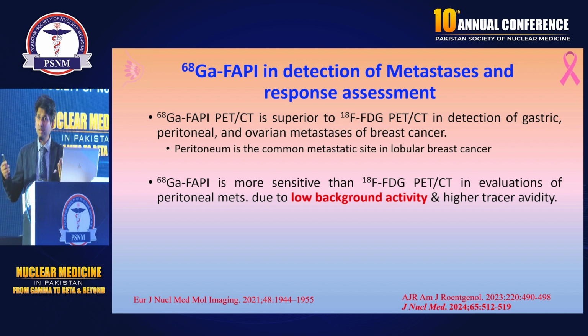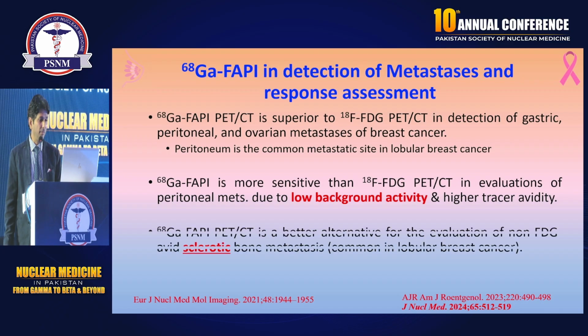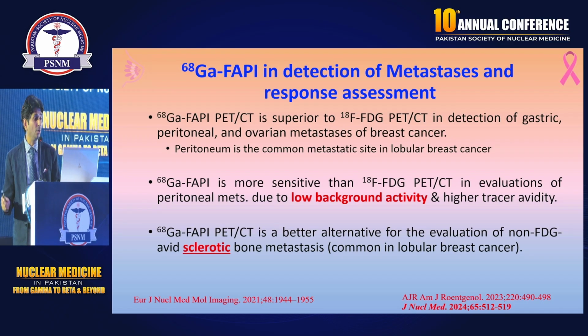As we know, FDG is not good at detecting peritoneal metastasis. FAPI is also very good at detecting non-FDG-avid sclerotic metastasis. FDG is very good in lytic metastasis, but not good in sclerotic metastasis, and sclerotic metastasis is very common in invasive lobular breast cancers.